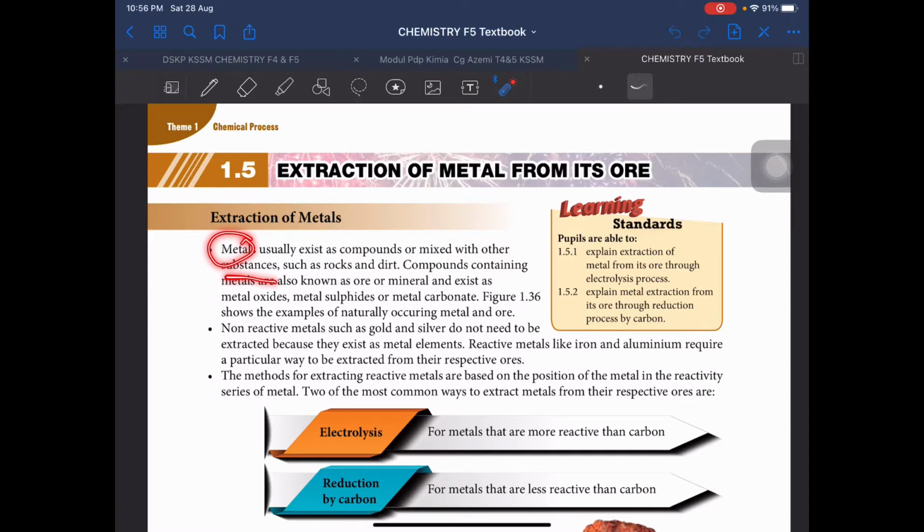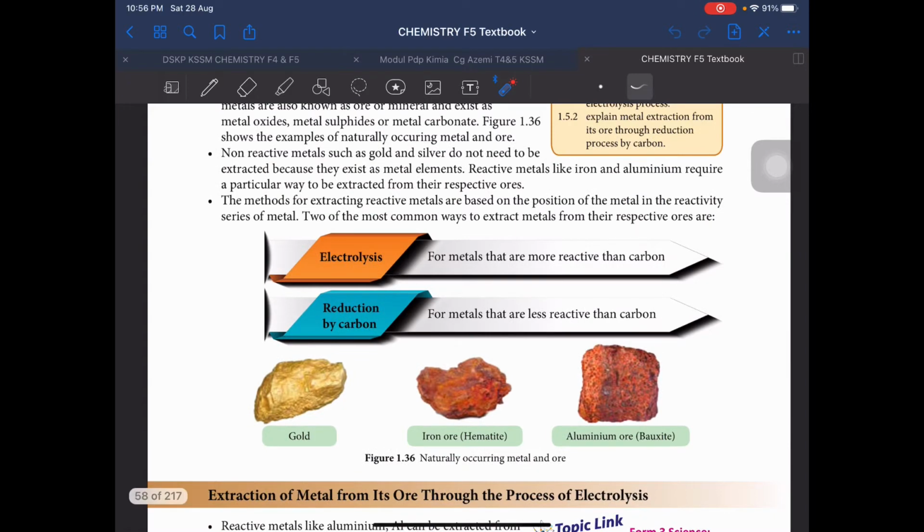Ada logam wujud dalam bentuk sebatian ataupun bercampur dengan sebatian lain such as rocks and dirt. Okay, so compounds containing metals are also known as ore ataupun mineral and exist as metal oxides, metal sulfides or metal carbonate.